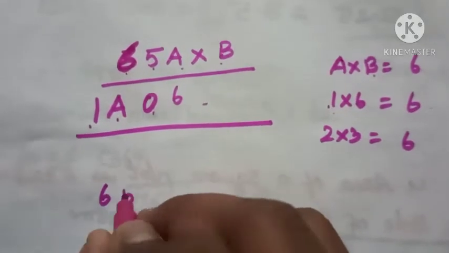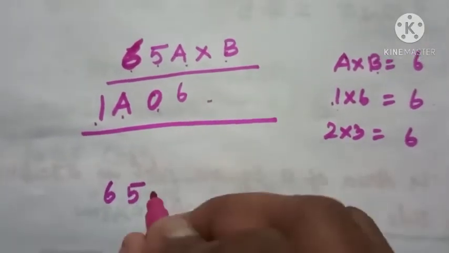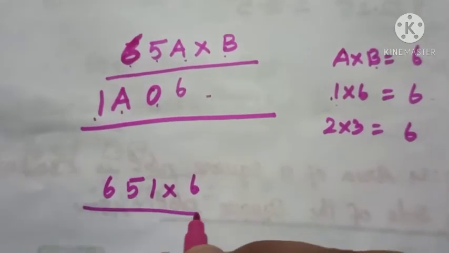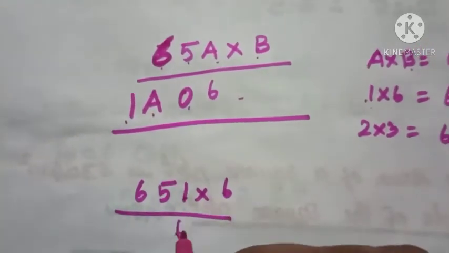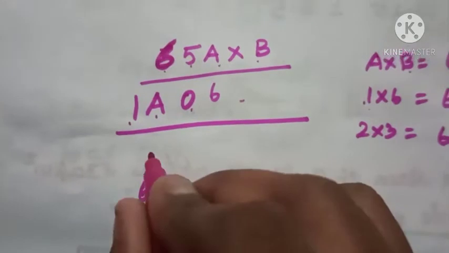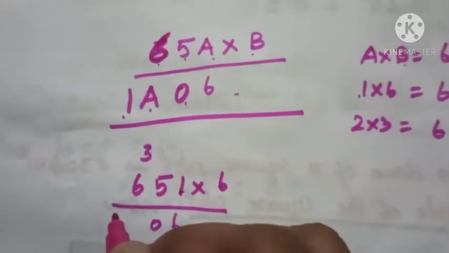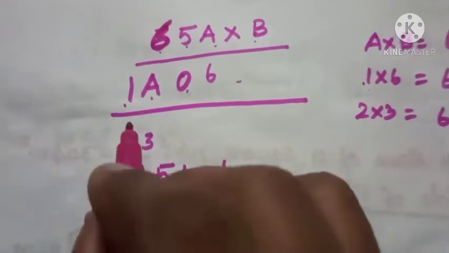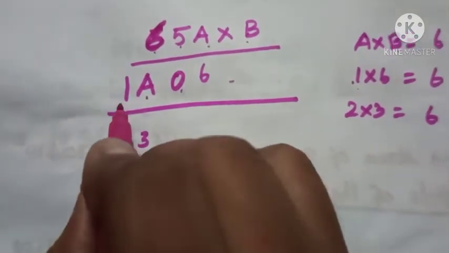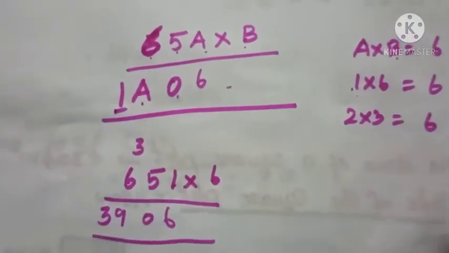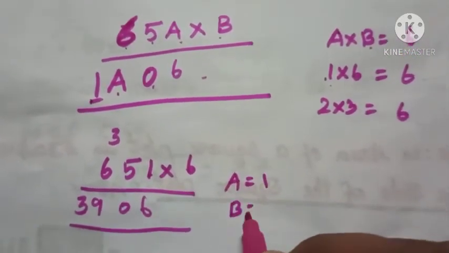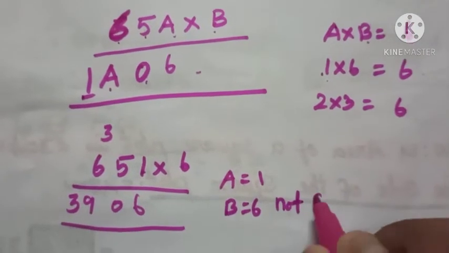Now you can check here: 6 ones are 6, 6 5s are 30, 6 6s are 36, 39. So it leads to 3906, but we need 1000 only. So it is impossible. A equal to 1, b equal to 6 is not satisfied.